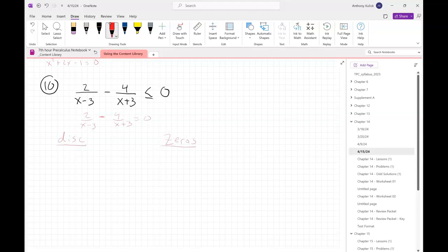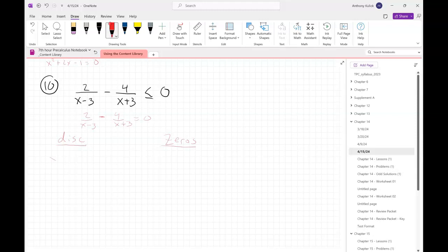Okay. How do I find my discontinuities? We just did this earlier. We set the denominators equal to 0, right?